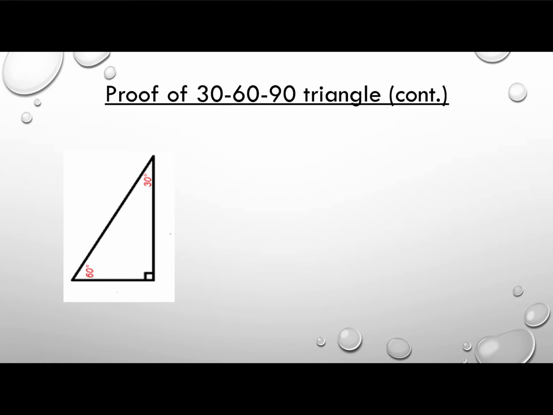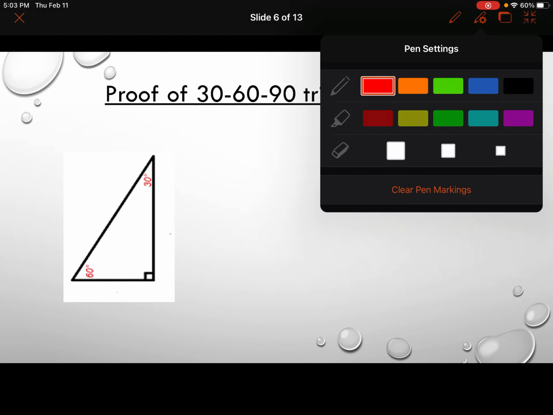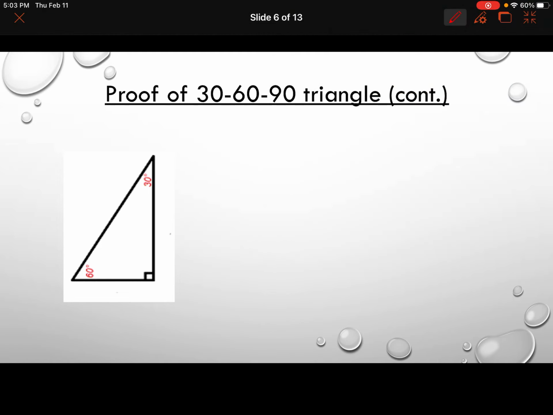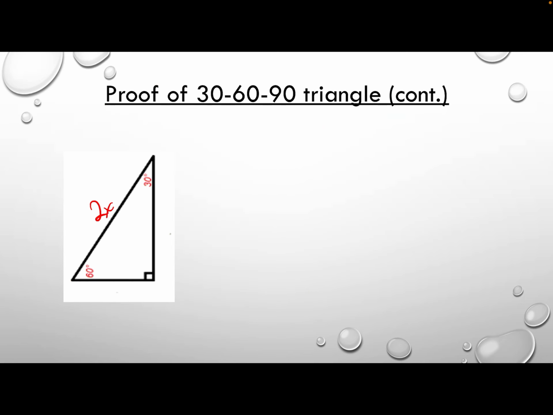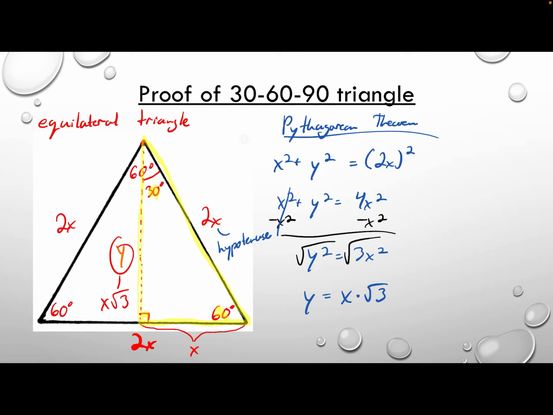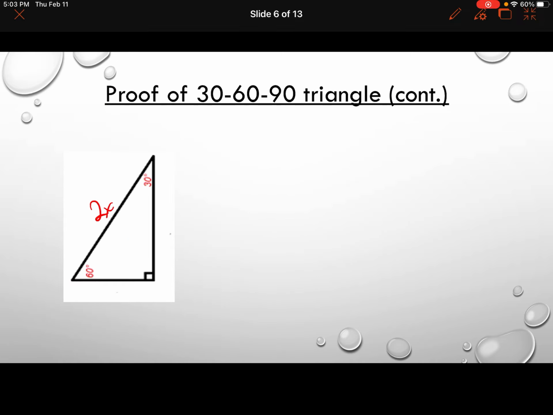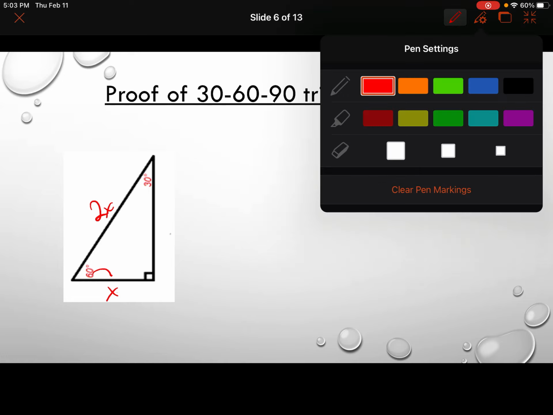So just to recap on this slide, if you have a 30, 60, 90 triangle, you want to label the hypotenuse 2x, because that's how we did it in this proof. You want to label the side adjacent to 60 degrees x.